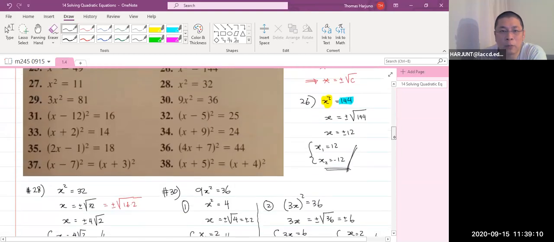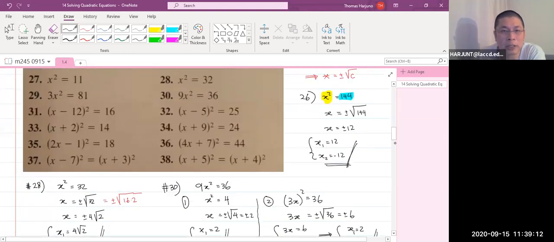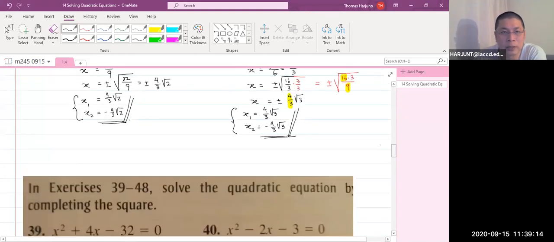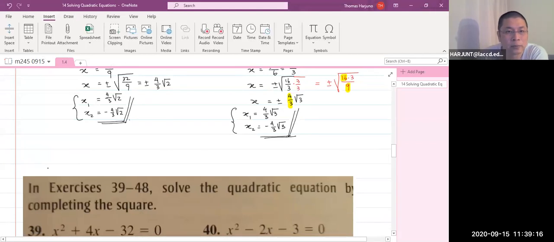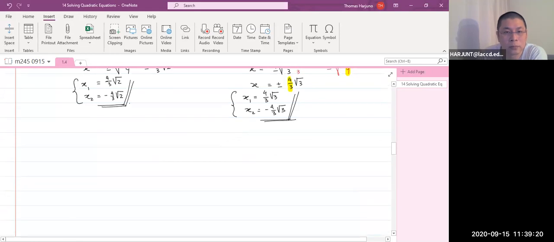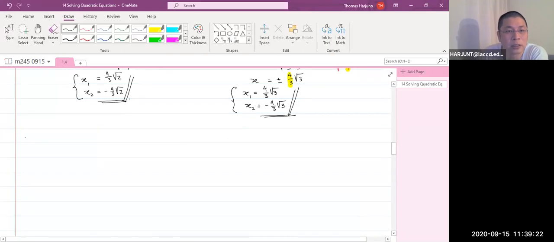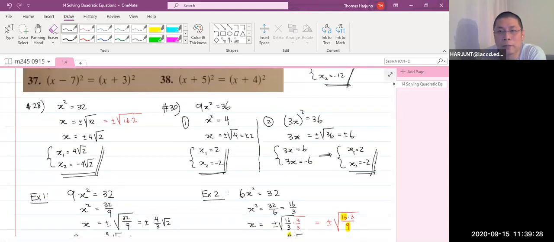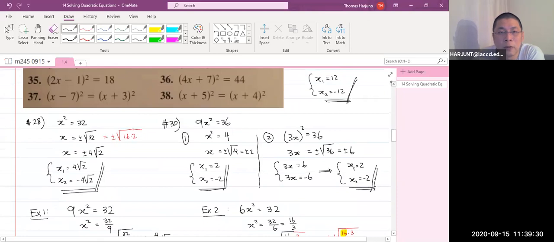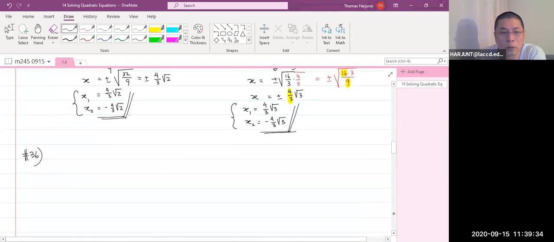Then what happens if we have, for example, number 36? I think I need space. Give me a second. Number 36. We have 4x plus 7 squared equals 44.